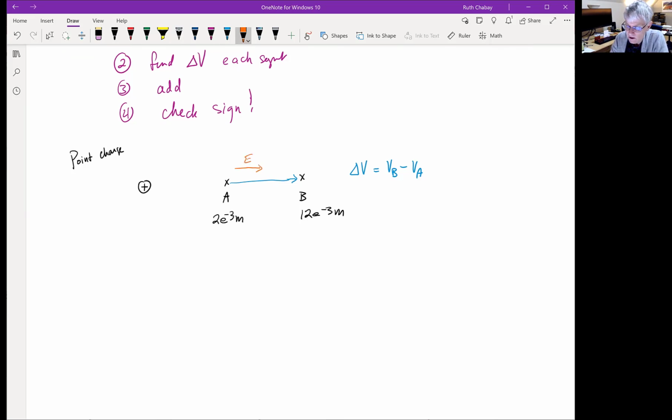So if this is the electric field at that location, when we get over here, the electric field is going to be much smaller. So if we just take an electric field at some location in the middle, we're actually going to get a really bad approximation of the potential difference because the electric field doesn't vary linearly with distance. It's falling off like 1 over distance squared, right?